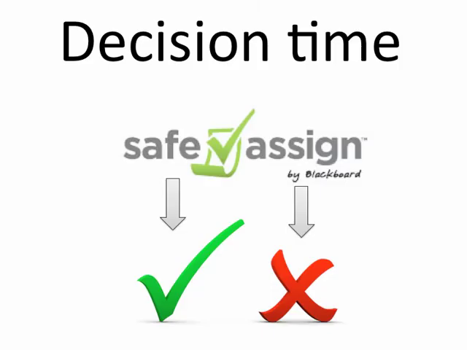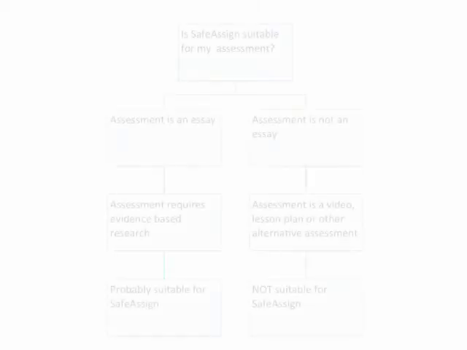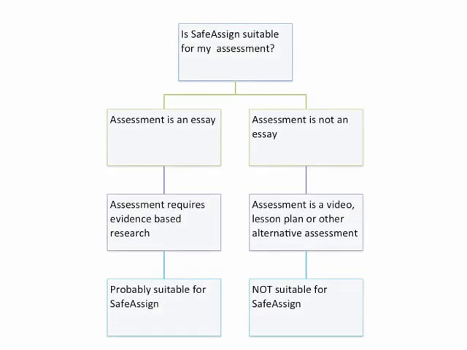Now, if you're thinking about using SafeAssign, this is a bit of a decision time for you. So let's have a look at this table. Let's have a think. Is it suitable for my assessment? So if we go on the left first, my assessment is an essay or a reflection or some type of written, structured, formatted, written piece. Does it require evidence-based research?